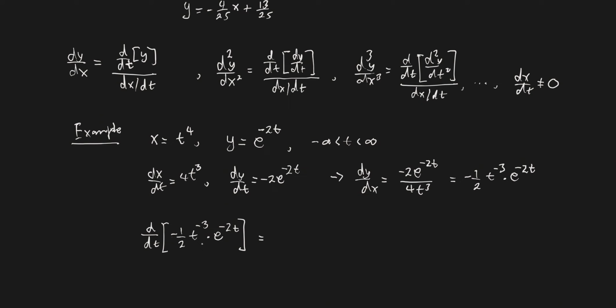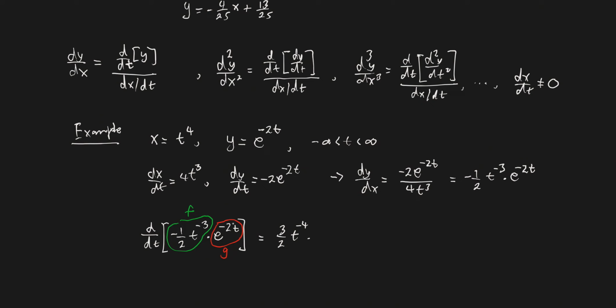For this, I'm going to use the product rule, and I'm going to identify this as one function, you can call it your f, and this as your g. So let's apply the product rule. The derivative of f is, let's use the power rule and bring down the negative 3, so it's 3/2 t to the, subtract 1 from the negative 3, that gives me negative 4.